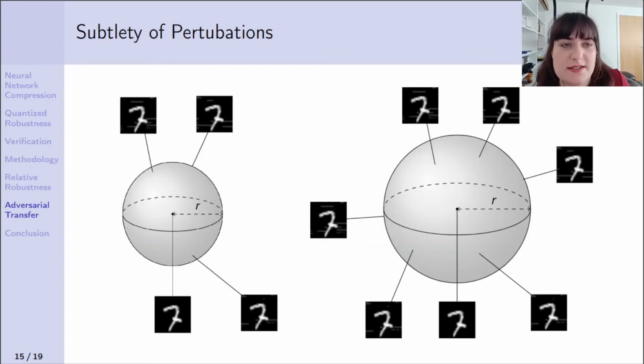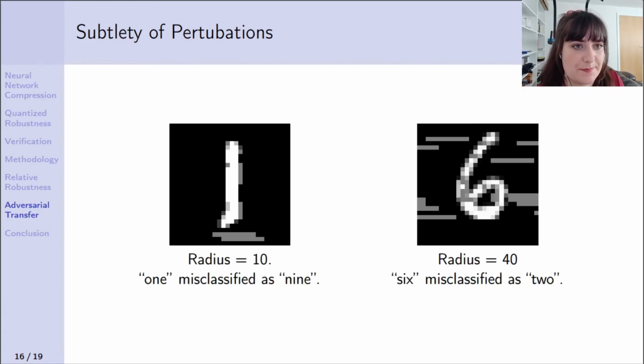So what do we mean by the subtlety of perturbations? We saw before how increasing the search radius increases the number of perturbations generated and also increases the likelihood of finding an adversarial counterexample. This is because the perturbations generated by the tool for a larger radius are allowed to stray further from the original input image. As an example, here we have two adversarial counterexamples generated from inputs in the MNIST dataset.